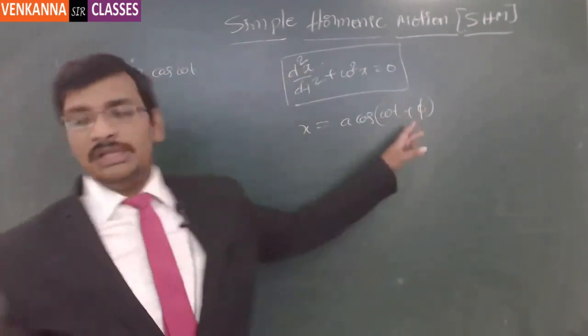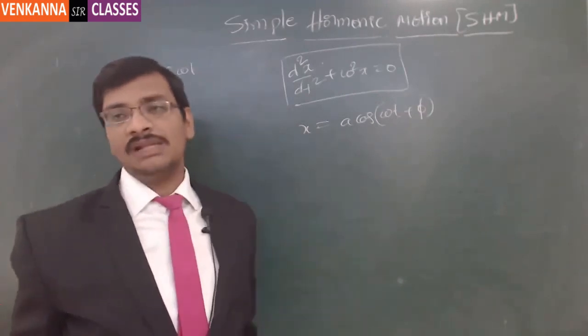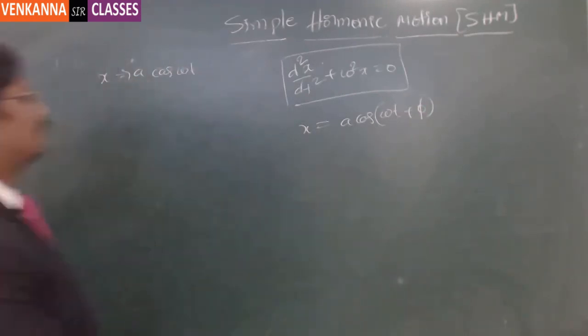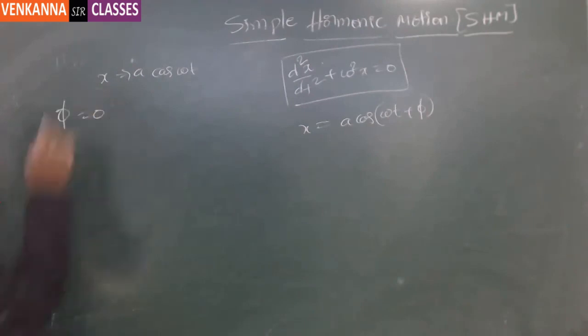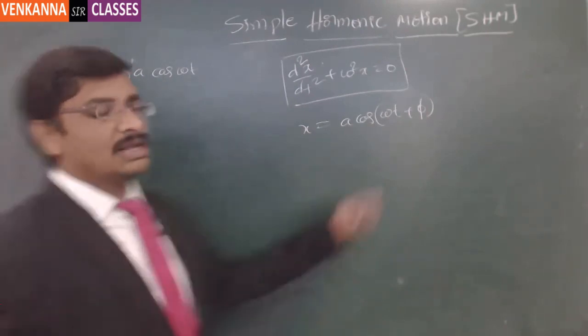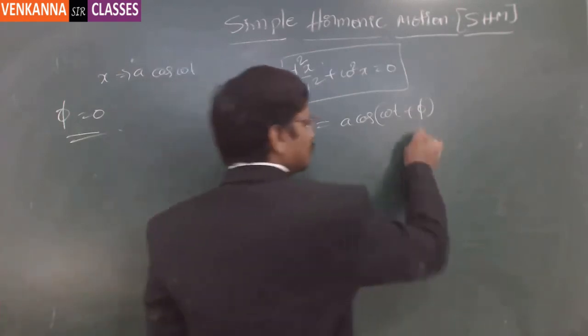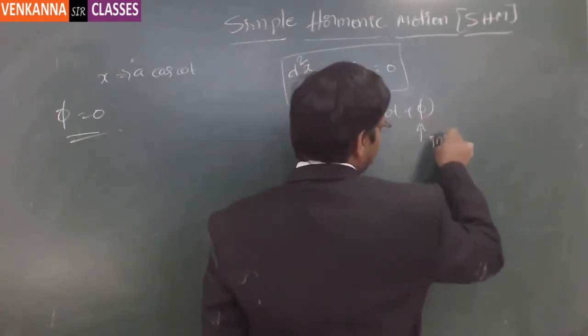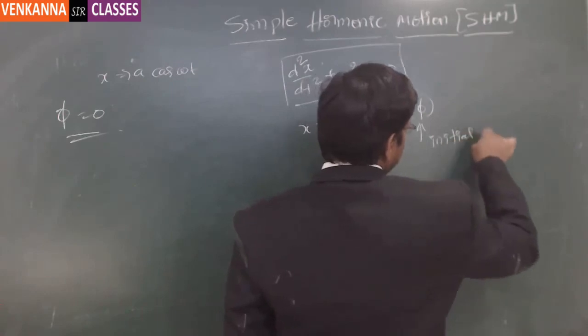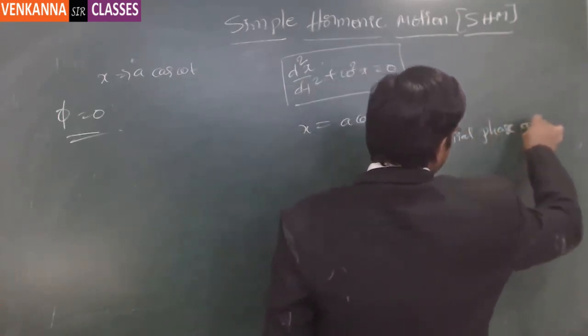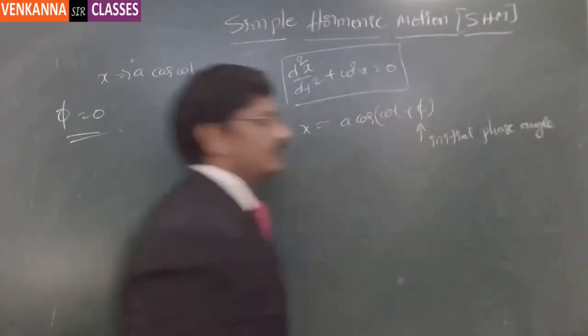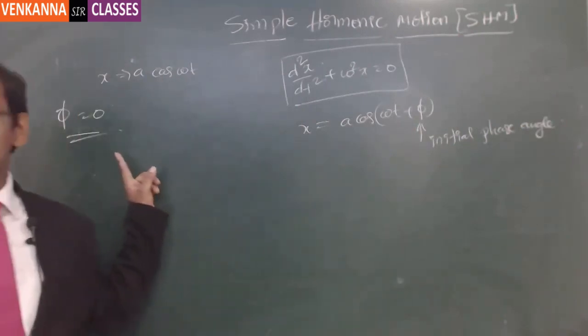In our specific analysis we calculated phi equal to 0, but to make a more generalized analysis, you can treat it as a constant, and this value is called the initial phase, or initial phase angle. In our case, the initial phase angle is 0.